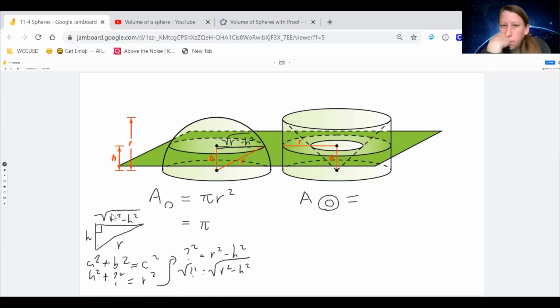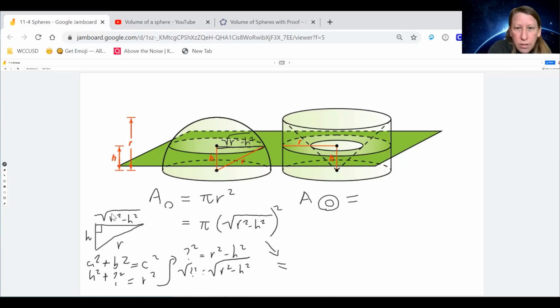All right, now here's the cool part. We are going to put that radius into here and square it. Well, it's squaring a square root. It's kind of inverse operations, right? So, oh, I'm a little messy.